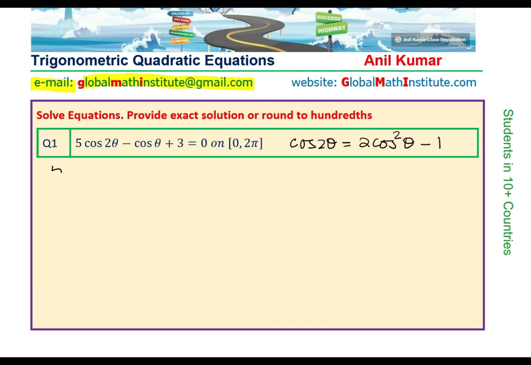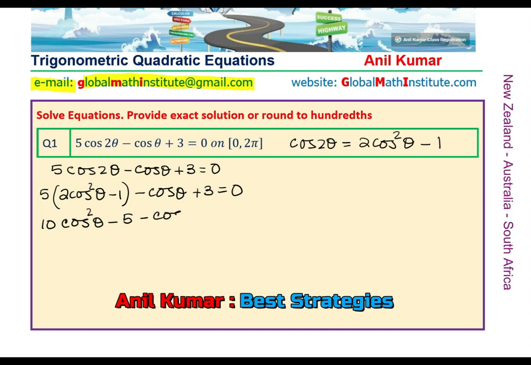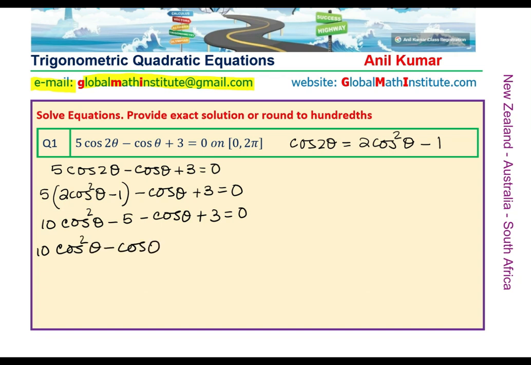So the equation now becomes 5 times 2 cos square theta minus 1 minus cos theta plus 3 equals to 0. That is 10 cos square theta minus 5 minus cos theta plus 3 equals to 0, or 10 cos square theta minus cos theta minus 2 equals to 0.